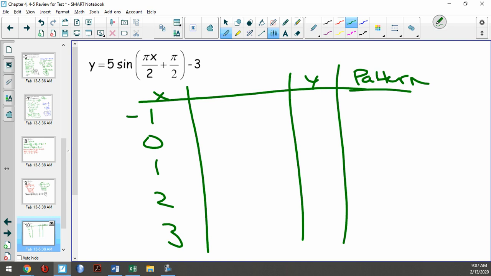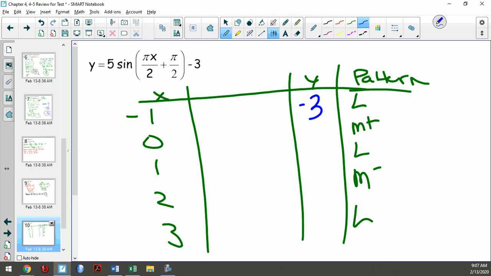What is my pattern of sign? Level, max, level, min, level, because my amplitude is positive. So when I plug and chug, I'm going to land on the quadrant angle of 0 for the first one. The sine of 0 is 0, times 5 is 0, and minus 3 is negative 3. And that was my level.